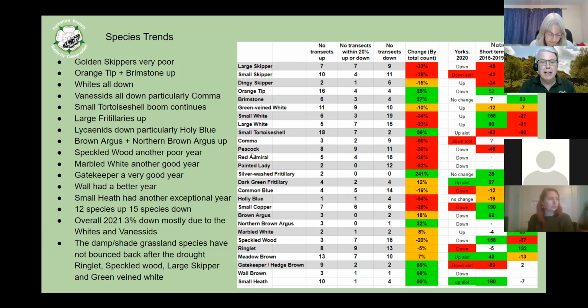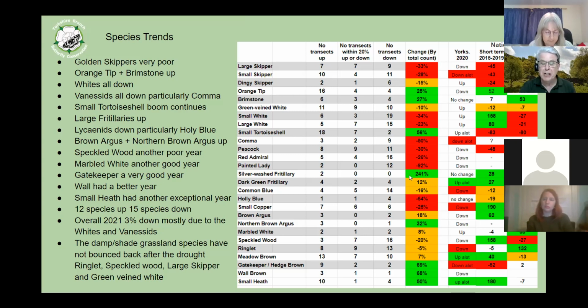Moving on to the fritillaries, the large fritillaries, which is a good news story for Yorkshire. Considering they only appeared in 2016 in about two locations, they've become a highly mobile species, spreading through the county, particularly in 2019, where in almost any woodland in Yorkshire you could see silver-washed, and they were obviously in an explorative phase.